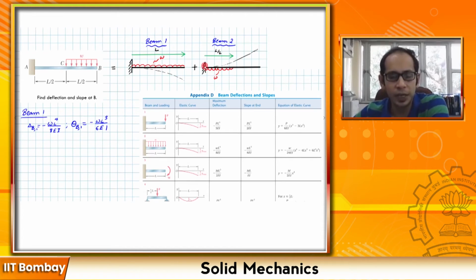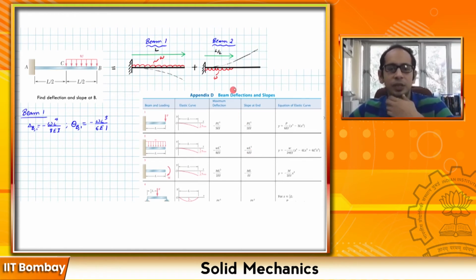Here also it starts at the 0 point and continues up to L over 2, and if you consider the beam as weightless, so essentially suppose this one does not have any weight at all, so up to this particular point we can get the deflection over here using this expression. But simply for L, I have to substitute L over 2 over here. Simply here also the slope at this particular point, it is going to be WL cube by 6 EI, but for L I have to substitute L over 2 now, right?